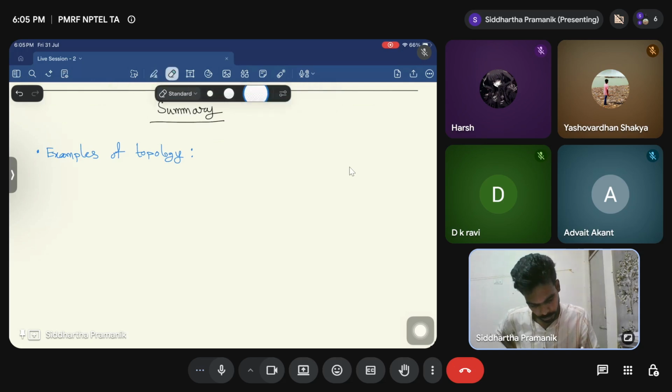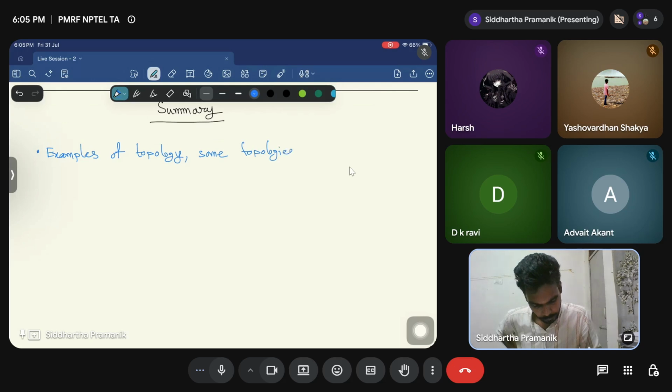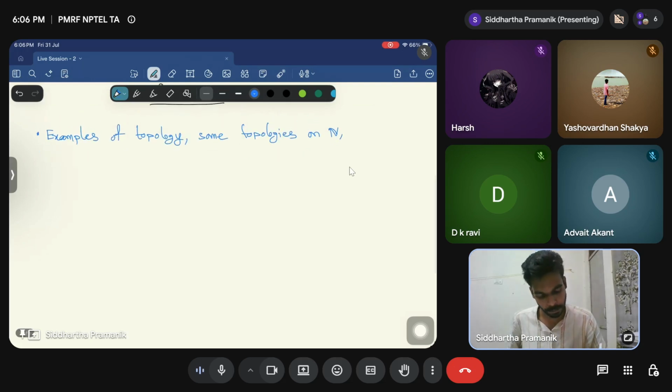Maybe I will put it here. So some topologies on the set of all natural numbers, the initial segment topology or final segment topology, and some topologies on the real numbers.